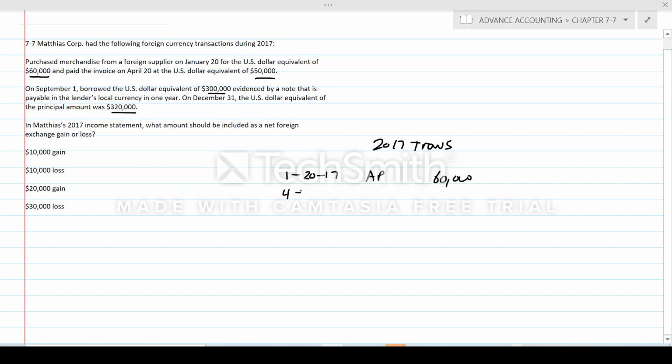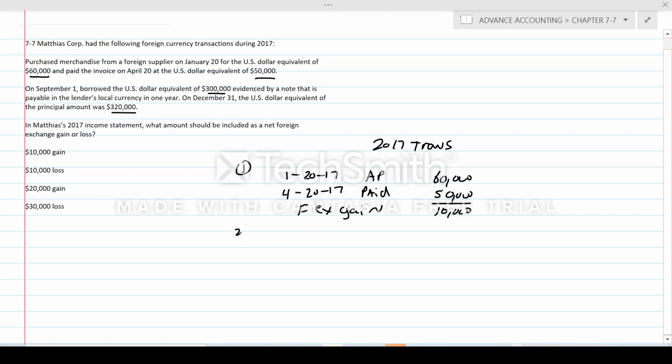Then on April 20th, 17, they paid $50,000 on the payables. That resulted in a $10,000 foreign exchange gain from that transaction. Now, that was the first transaction.